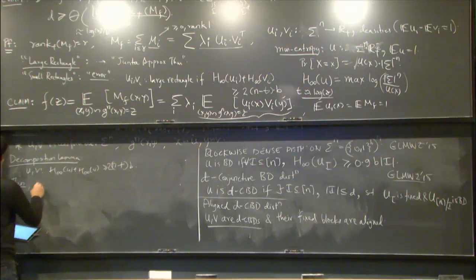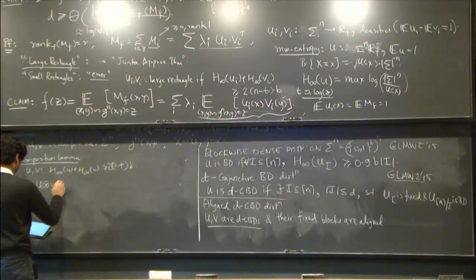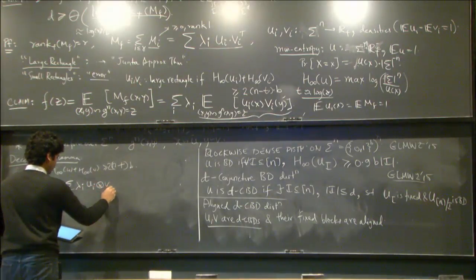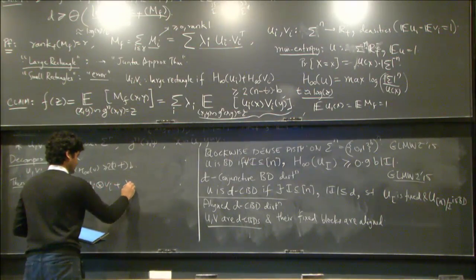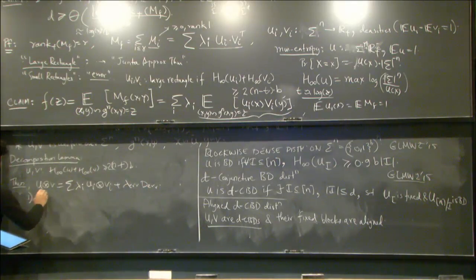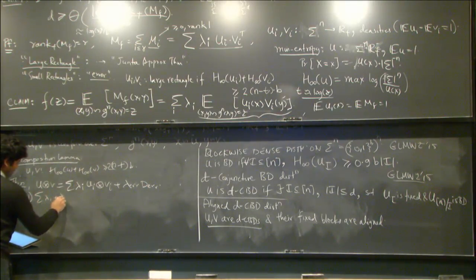So in particular, I want to write that U product V equals the sum of lambda_i times U_i product V_i plus some error, such that this is really a convex combination.